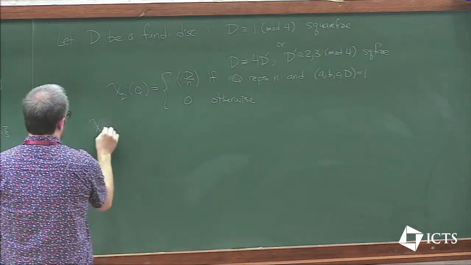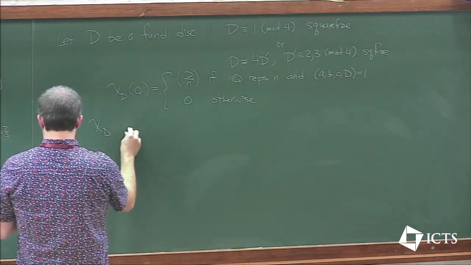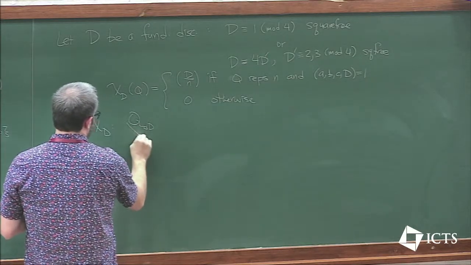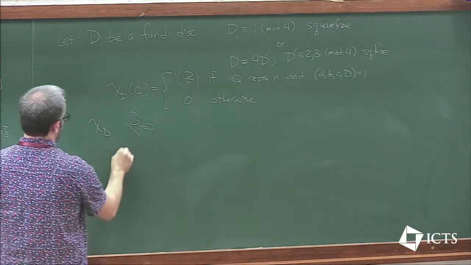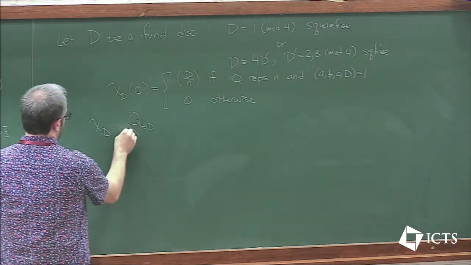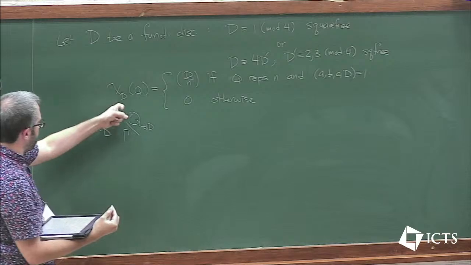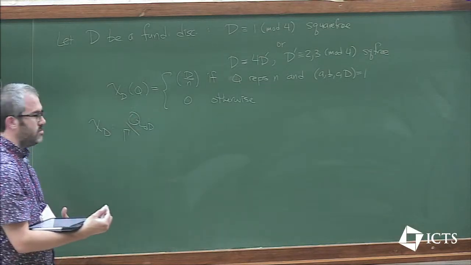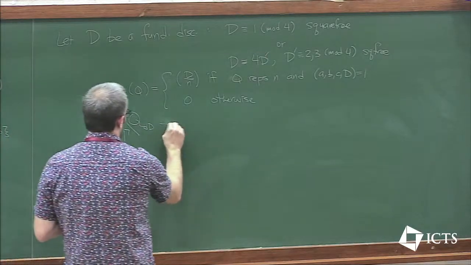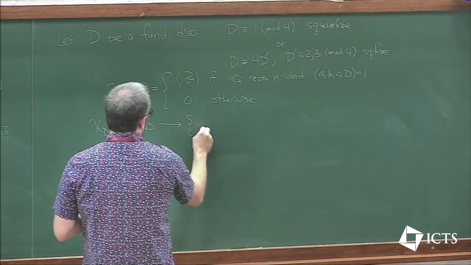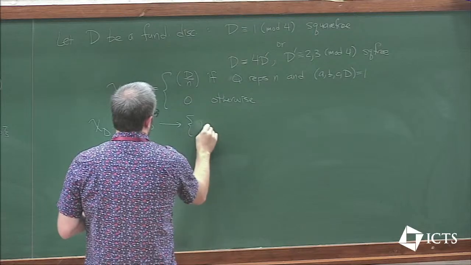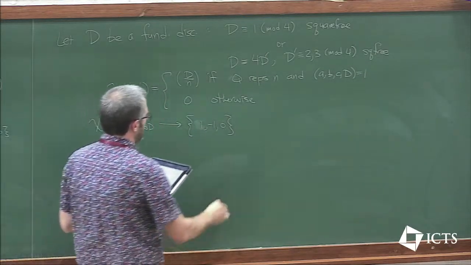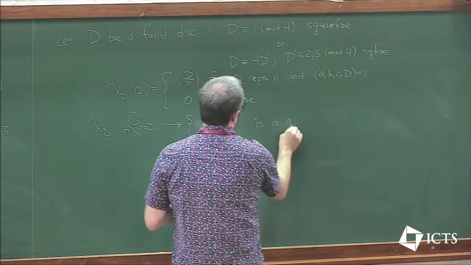So this chi_D goes from Q, quadratic forms of discriminant little d times big D, mod gamma. Notice that big D here is not necessarily the discriminant of the quadratic form, but rather a divisor of the discriminant. So it goes from this group to 1, minus 1 or 0. So this is a generalized character.